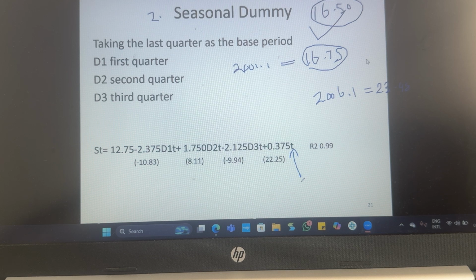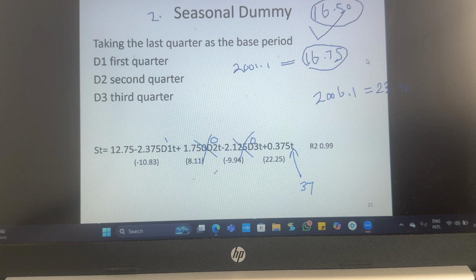Earlier you calculated 37. Again, this is the first quarter, therefore this one 0, this one 0, this one 1. No need to calculate this one because the answer becomes 0, and this one also becomes 0.